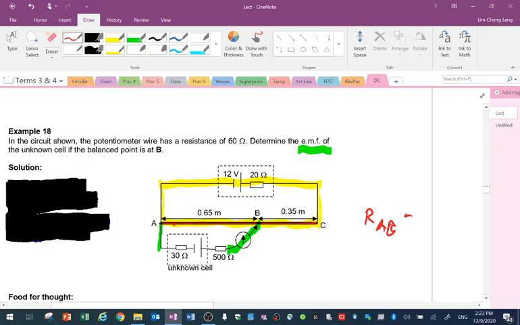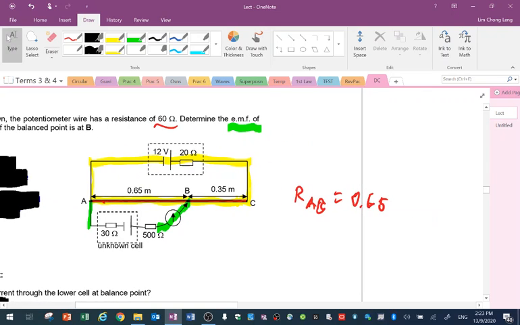Resistance AB is actually 65% of 60, because the resistance across AC is 60. So 65% of 60 will give me 39 ohm.